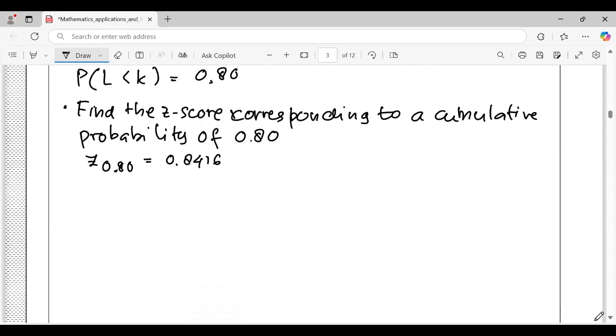And the next step, we are going to solve for k based on the z-score formula.